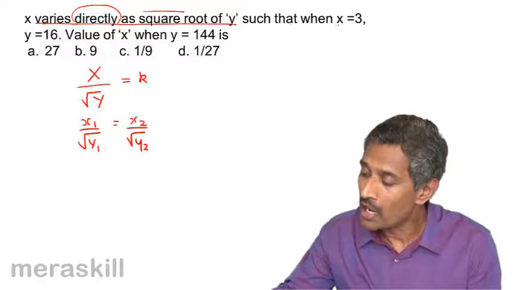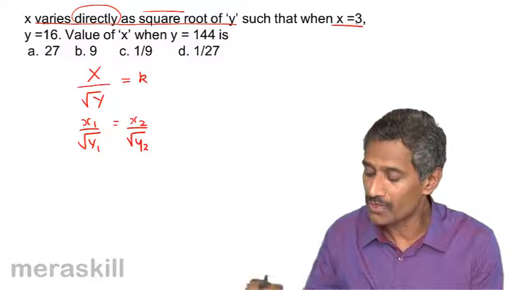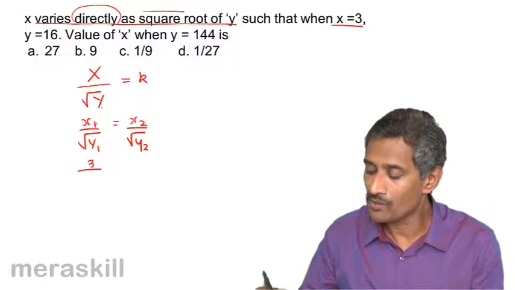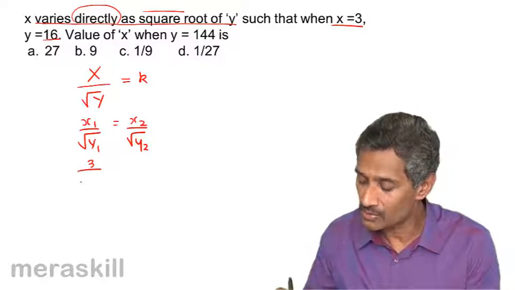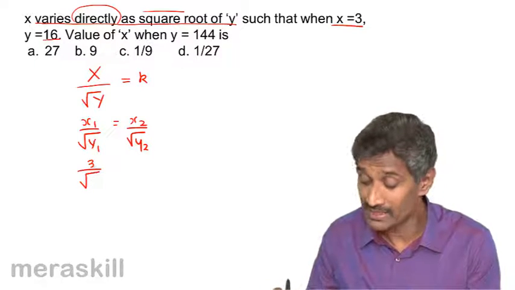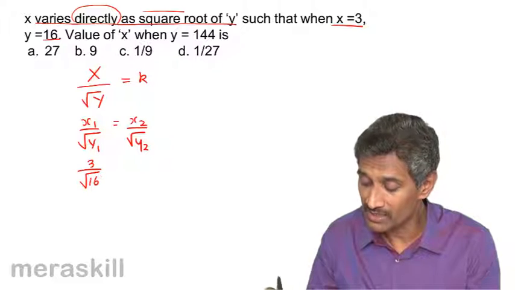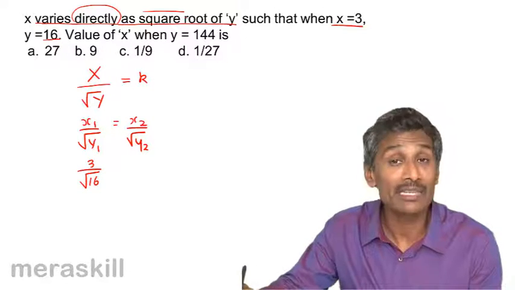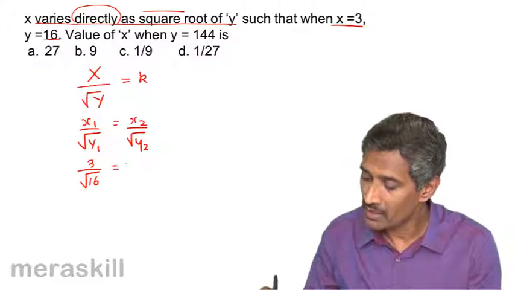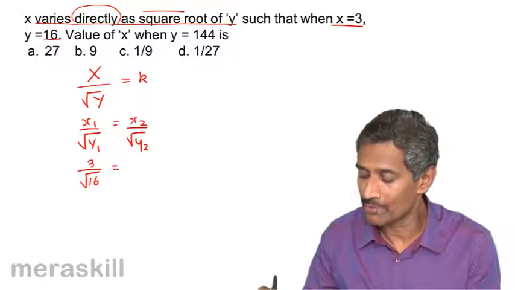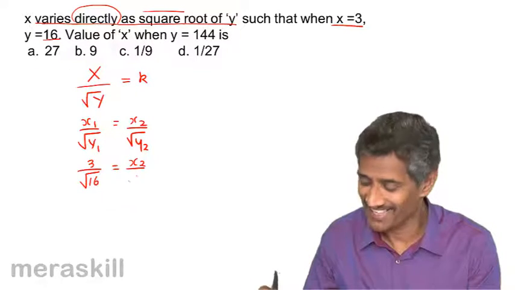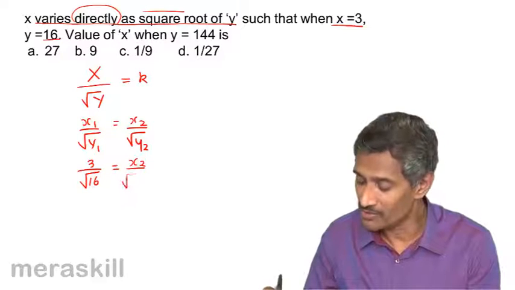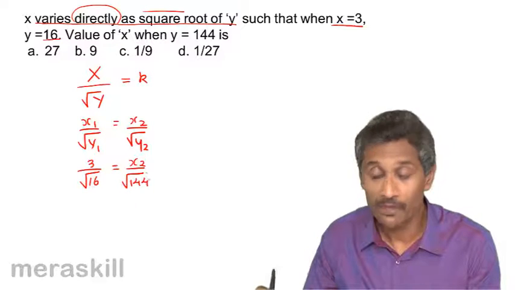So our x1 is going to be 3, so we have 3. Our y1 is going to be 16, so it's going to be root 16. Mind you, it's not 16, it's going to be root 16 because x varies directly as square root of y, is equal to x2 upon root y2. Now we do not know what x2 is, and y2 is going to be root 144.